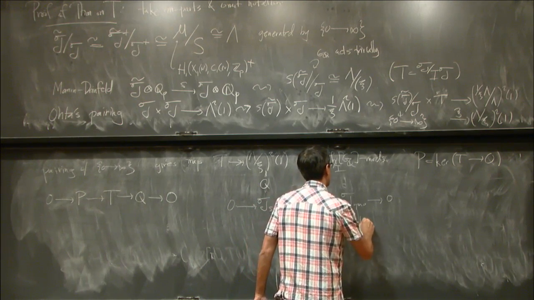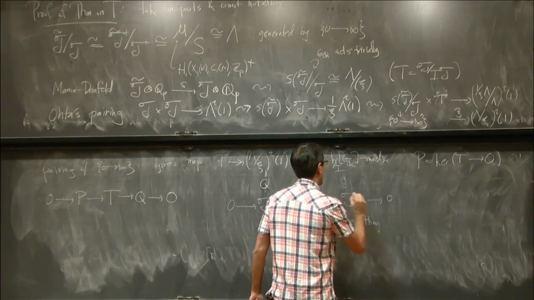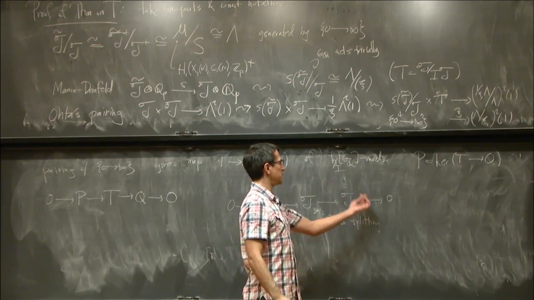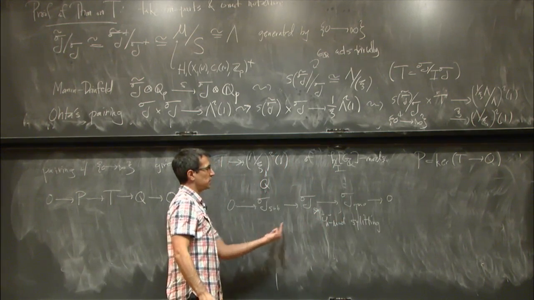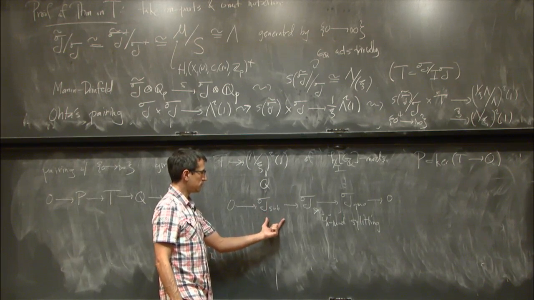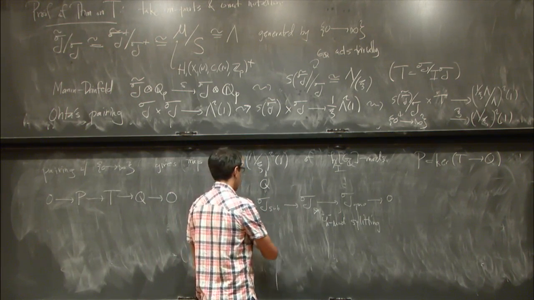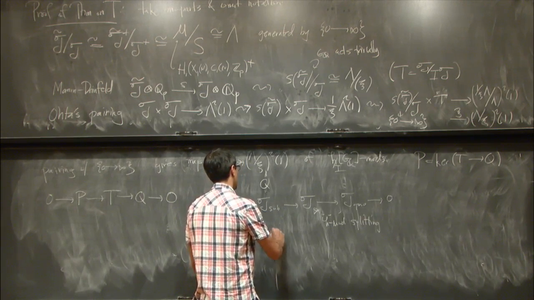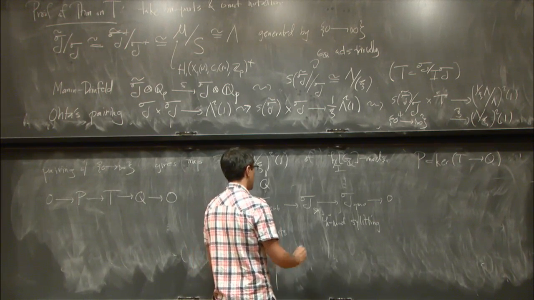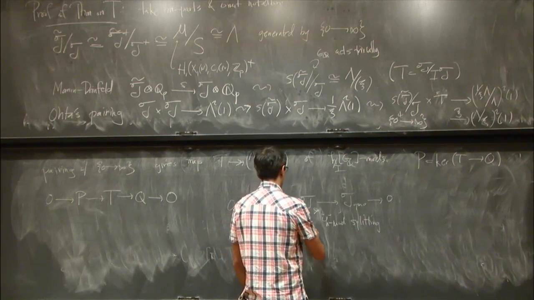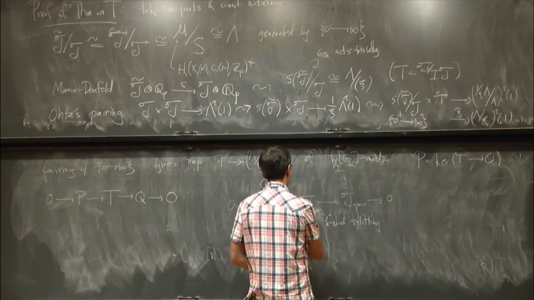And how do you distinguish? Well, G Q P acts trivially on this, and it acts non-trivially on this. How do you see that? Well, if I'm looking at some theta parts, I could look at theta omega inverse.